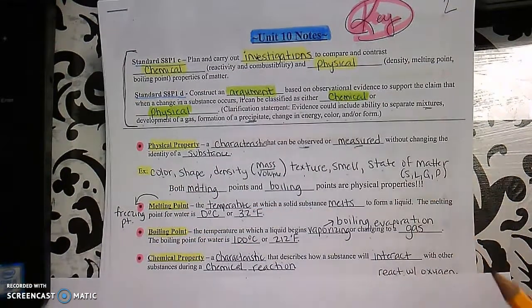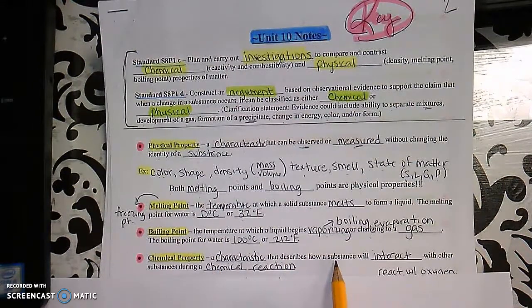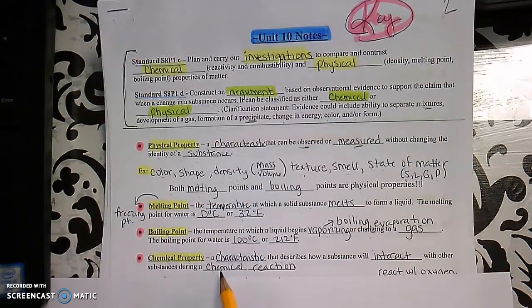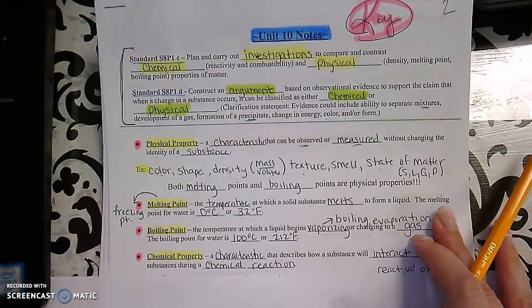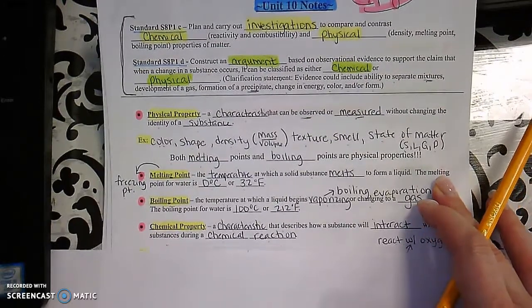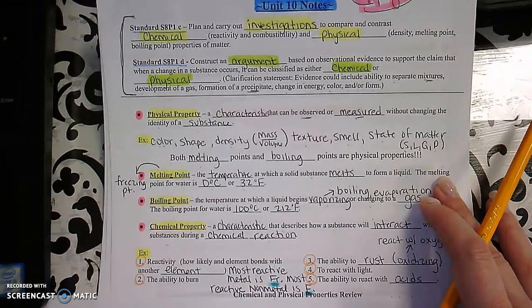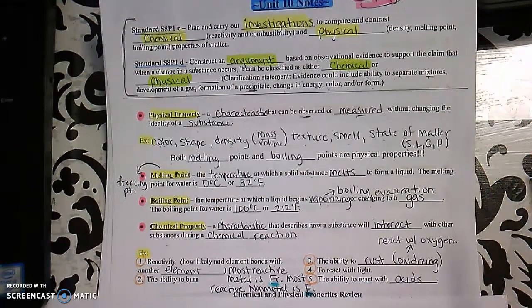Now, chemical properties would be a characteristic that describes how a substance will interact with other substances during a chemical reaction. So this is going to be a little different. So here are the 5 chemical properties that we're going to focus on. Number 1 is reactivity, how likely an element bonds with another element.